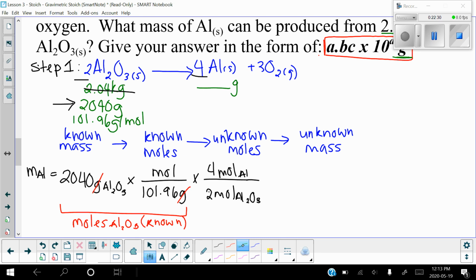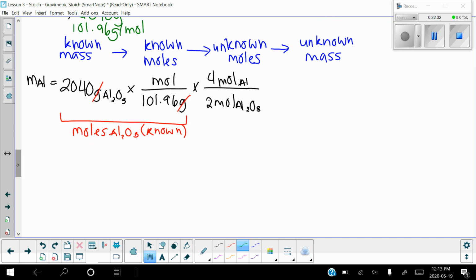Okay, let's visualize what's happening here. Moles cancels out with moles. Moles cancels out with moles. Aluminum oxide cancels out with aluminum oxide. And so from here to here, I have moles of aluminum, my unknown.